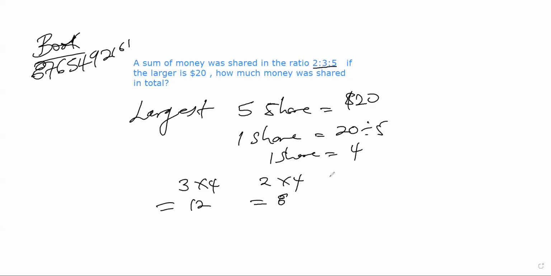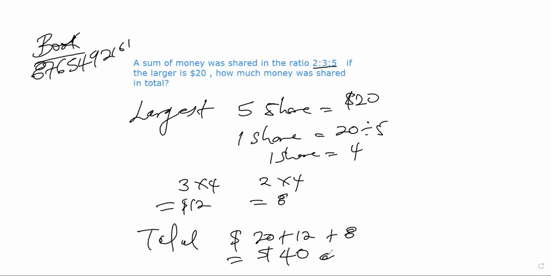Now to find how much money was shared in total, you will now say $20 plus $12 plus $8. And you will receive $40.